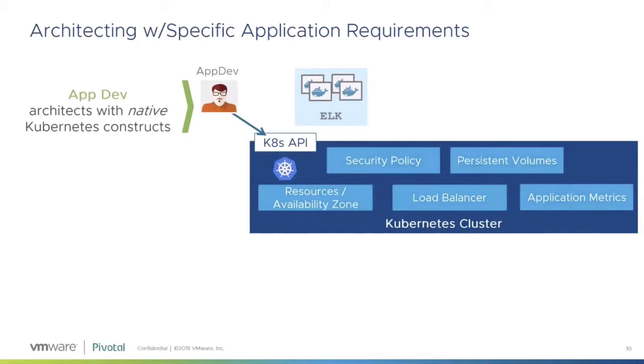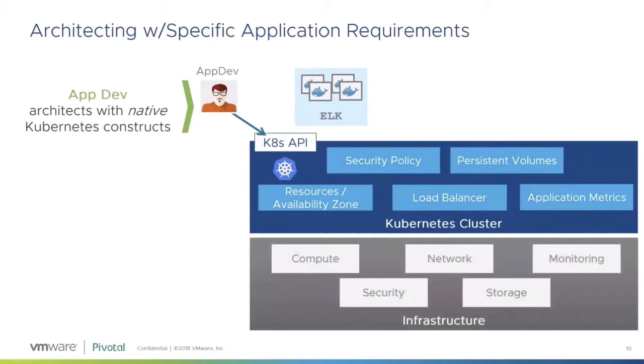They've got security policy. Maybe they need to define a load balancer, persistent volumes, and they need to get some application metrics associated with that ELK stack. Kubernetes gives you a way to define these things, but it doesn't actually provide the underlying technology. A good example is a persistent volume: Kubernetes isn't a storage device. It just gives you a way to define it.